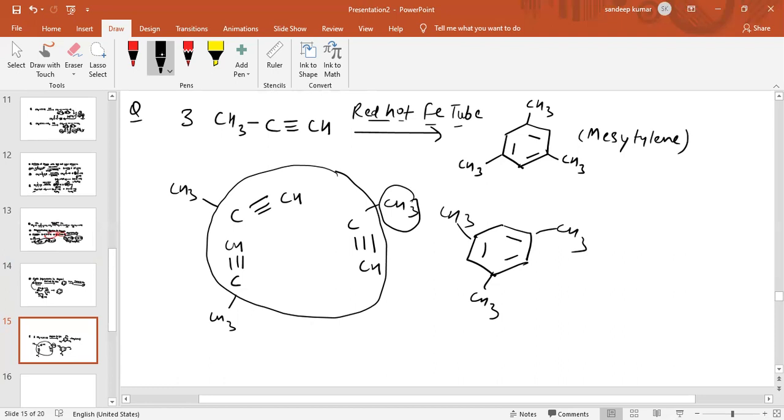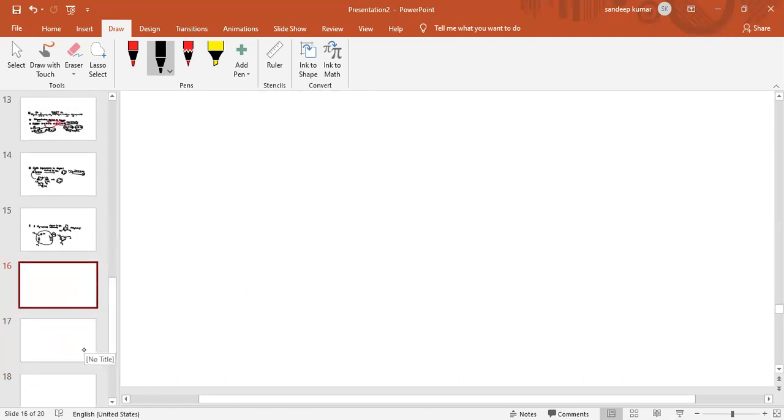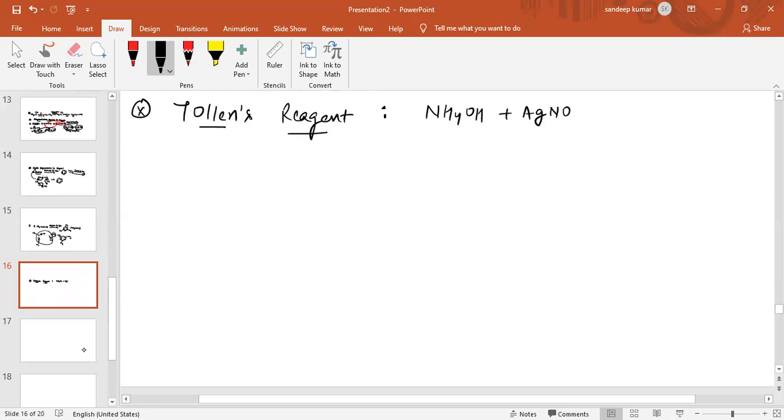Now see, next we are going to discuss for alkynes, that is the Tollens test. So we are going to discuss about alkynes, that is Tollens reagent. Now see what happens. Basically Tollens reagent is NH4OH plus AgNO3.